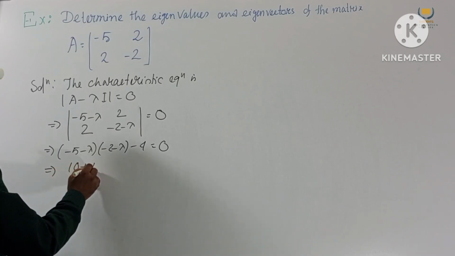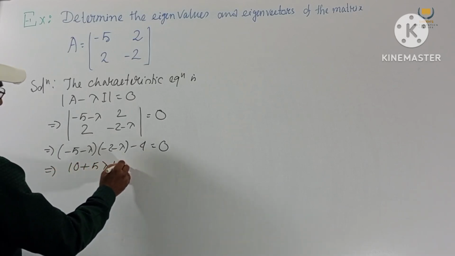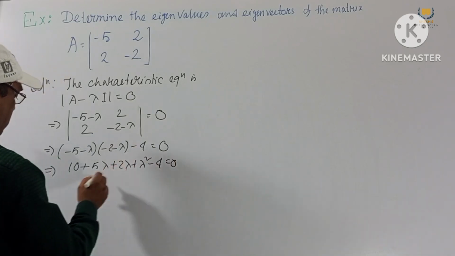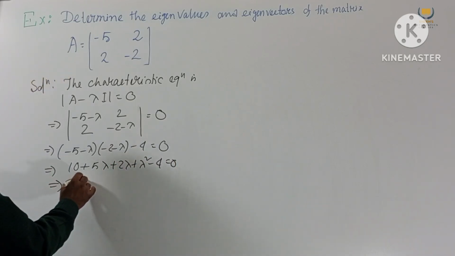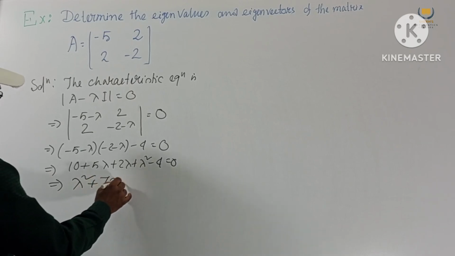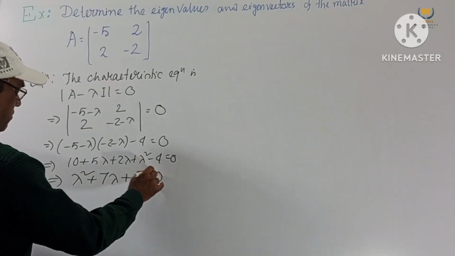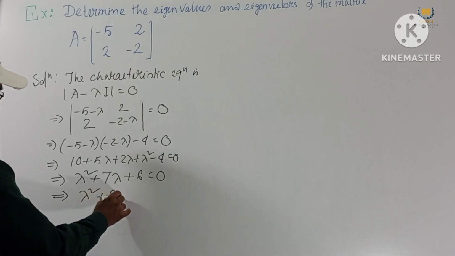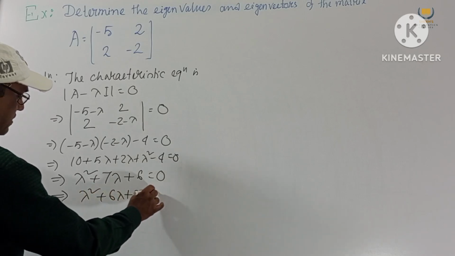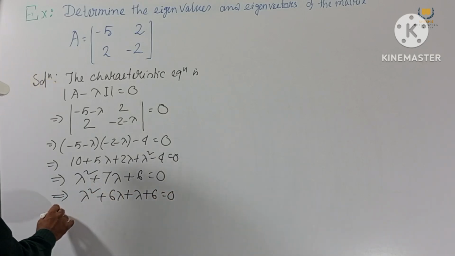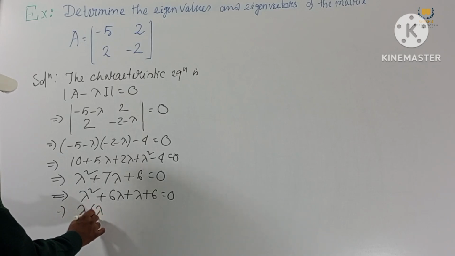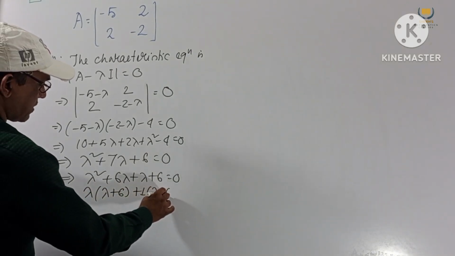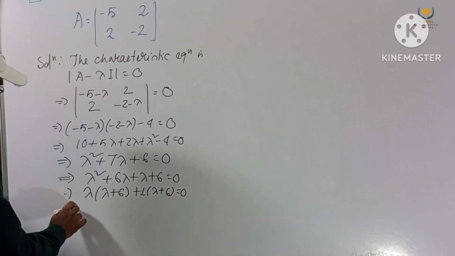10 plus 5 lambda plus 2 lambda plus lambda square minus 4 equal to 0. Lambda square plus 7 lambda plus 6 equal to 0. Lambda square plus 6 lambda plus lambda plus 6 equal to 0.